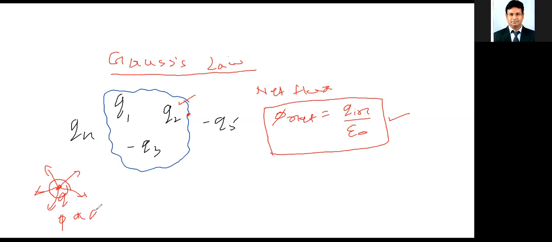The proportionality constant, he calculated, is epsilon naught. And then he came up with this condition saying that the net flux through the surface is the charge inside divided by epsilon naught, where epsilon naught is called the absolute permittivity of the medium.